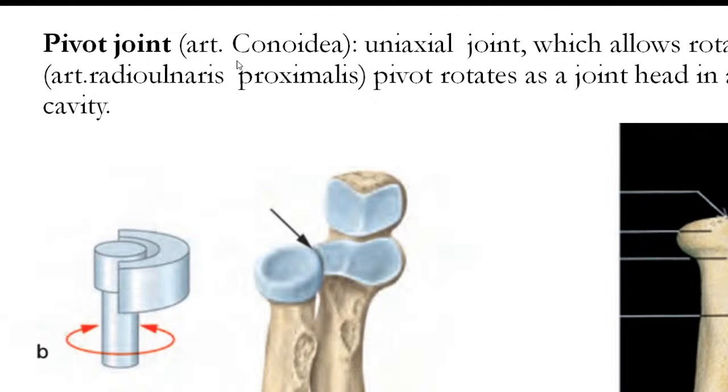Next, pivot joint, articulatio conoidea. You see a uniaxial joint which allows rotation, for example articulatio radioulnaris proximalis. A pivot rotates as a joint head in a concave joint cavity. Uniaxial, rotational movement.